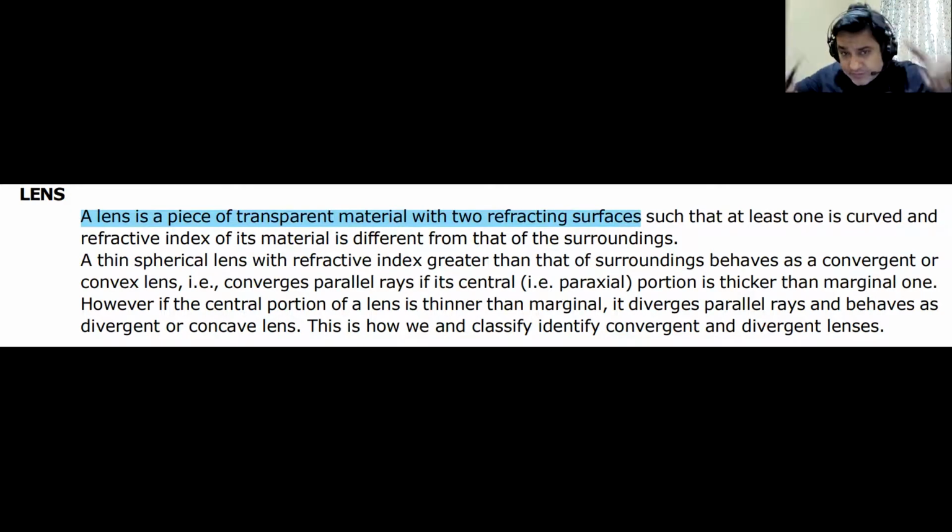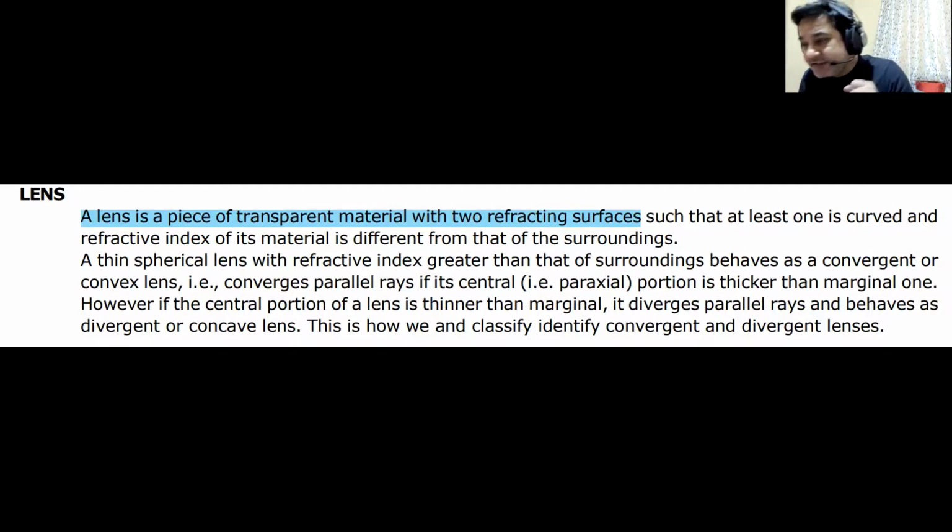Or you might have seen a prism. Is a prism a lens? Well, that is what you need to understand. A lens is a piece of transparent material with two refracting surfaces. A prism has maybe three. A transparent glass slab also has at least two surfaces where refraction happens.